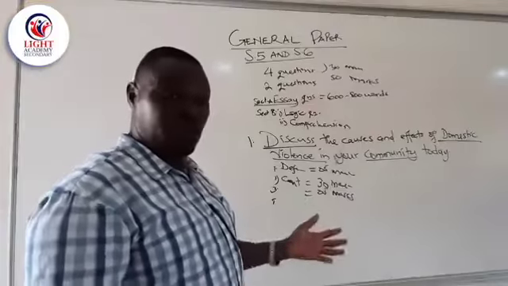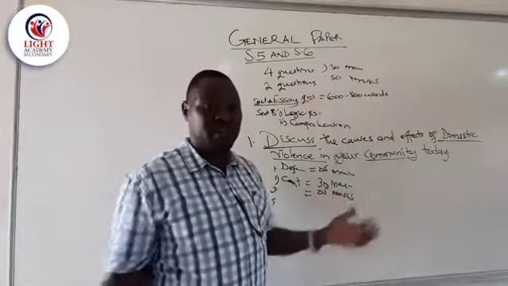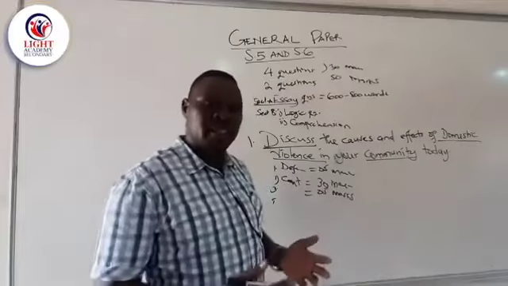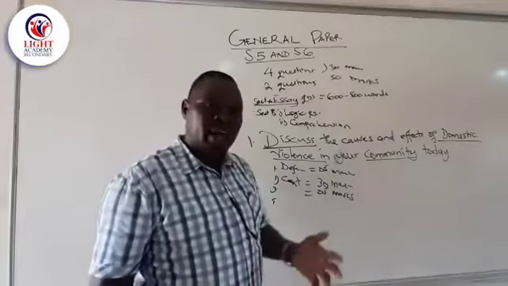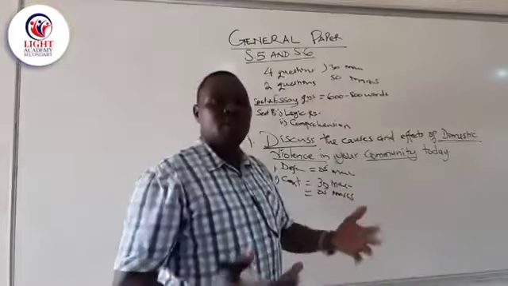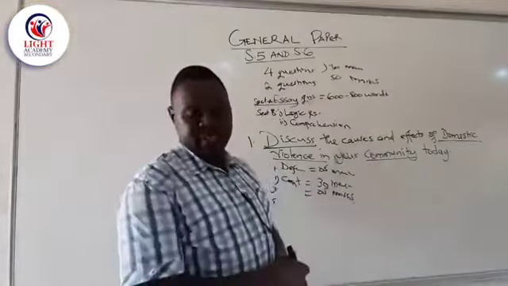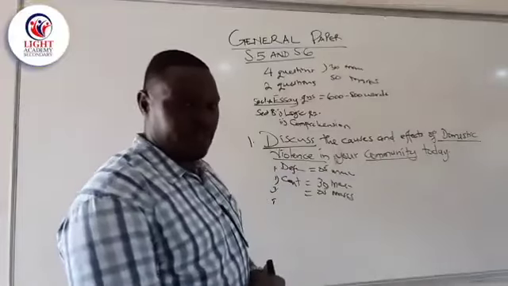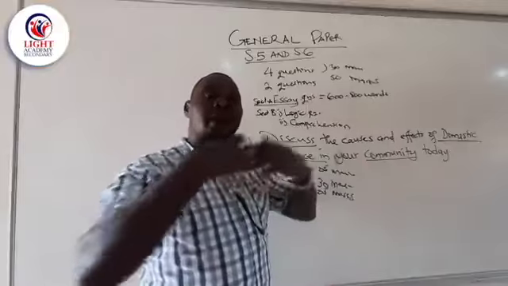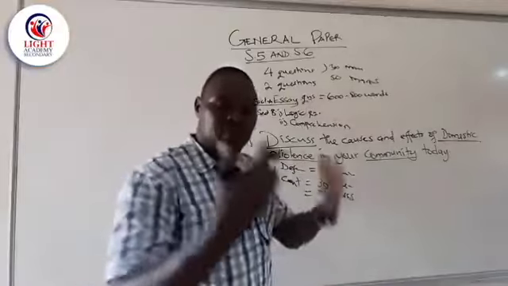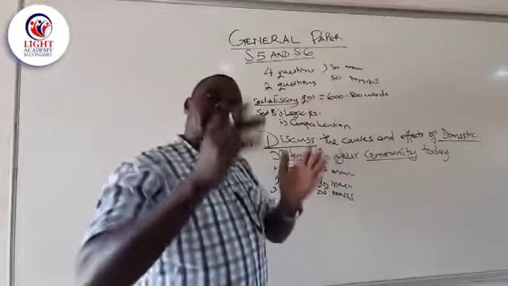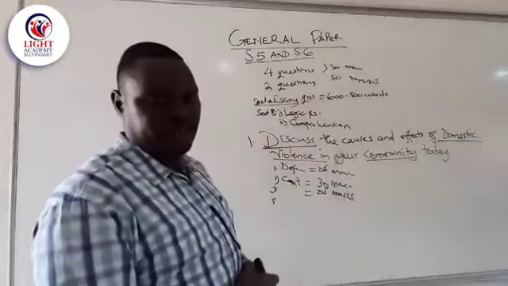You know very well that we can define domestic violence differently. I can say domestic violence is a situation where one of the members of the family inflicts pain on to the rest of the members of that particular family. Another person will say domestic violence is the abuse, the mistreatment of family members by one of the members.